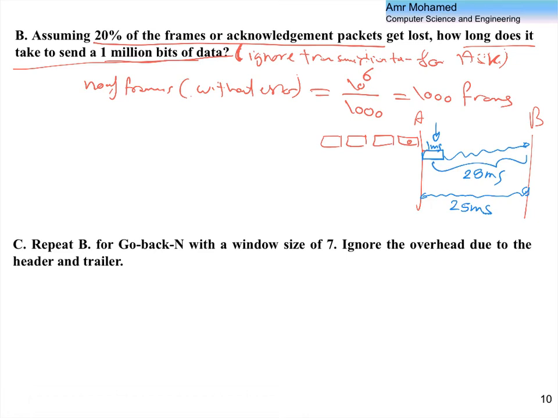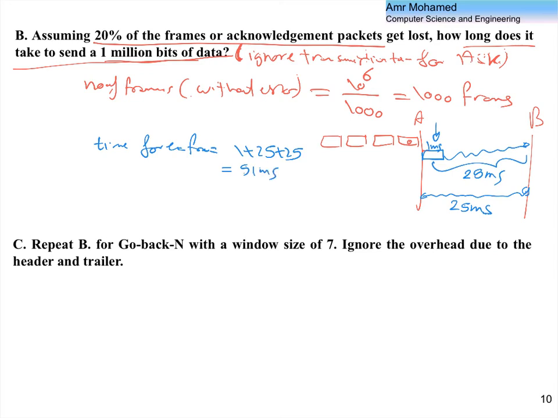And the can send flag will forbid A from trying to transmit anything else until the acknowledgement is fully received successfully. Okay? Which means that the time for each frame equals 1 plus 25 plus 25 equals 51 milliseconds.